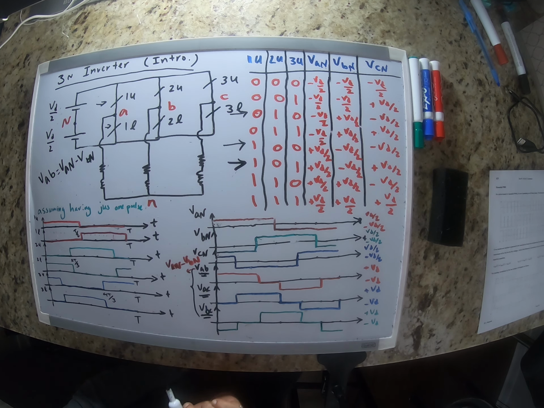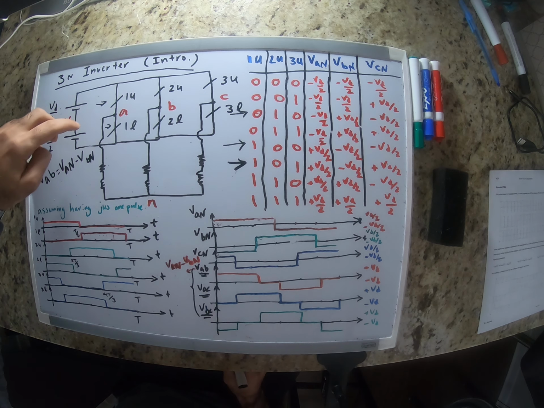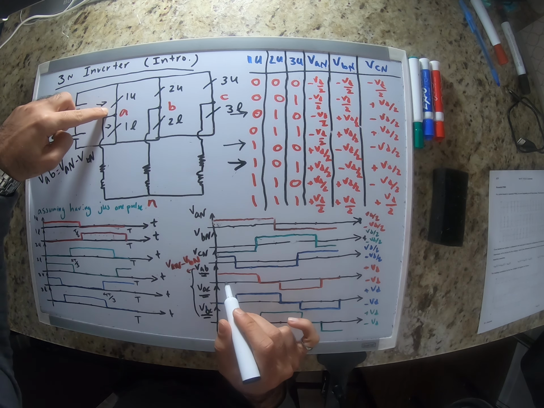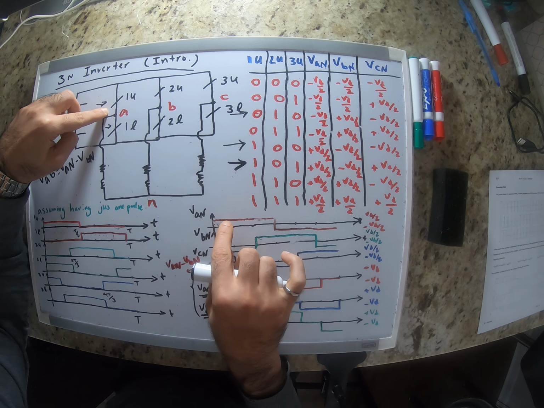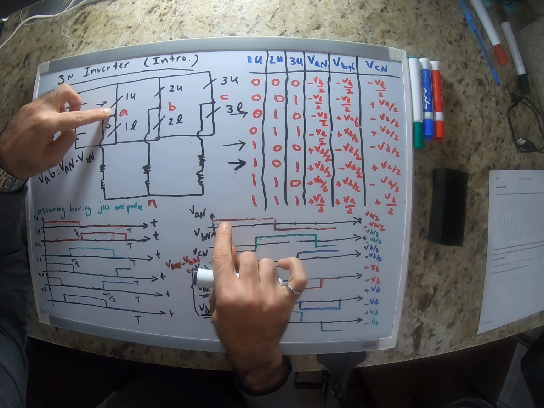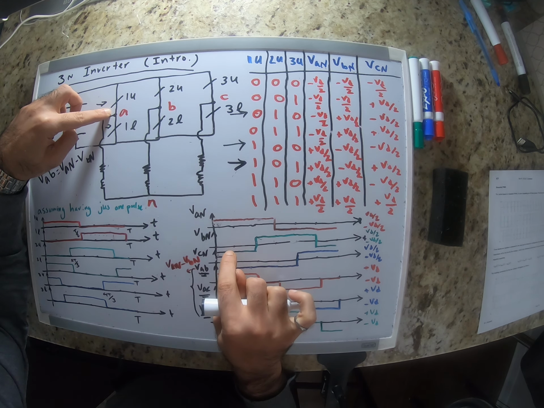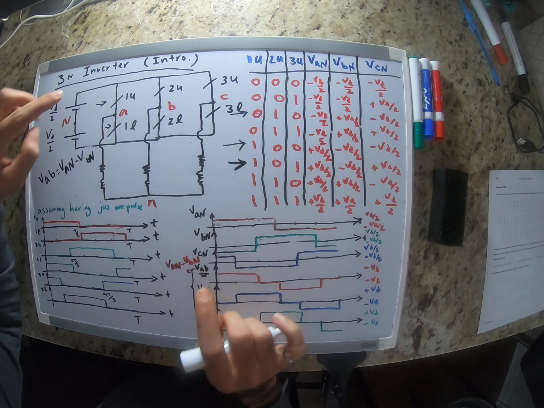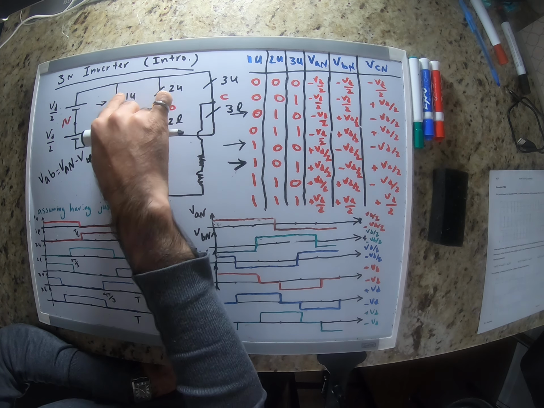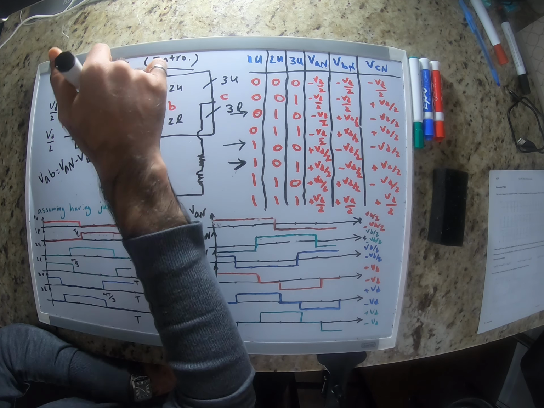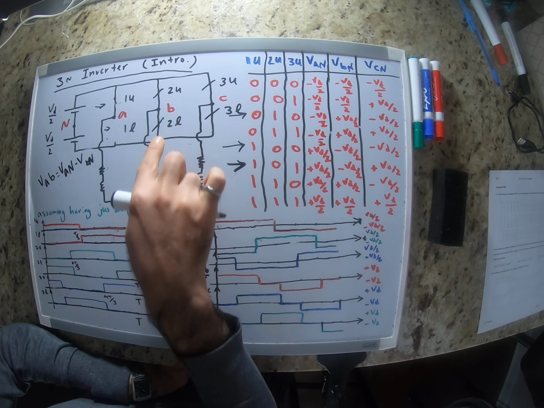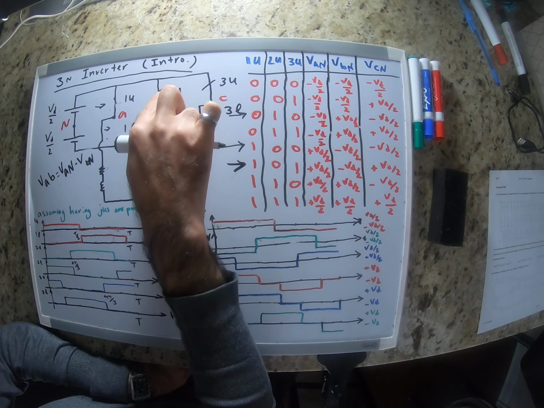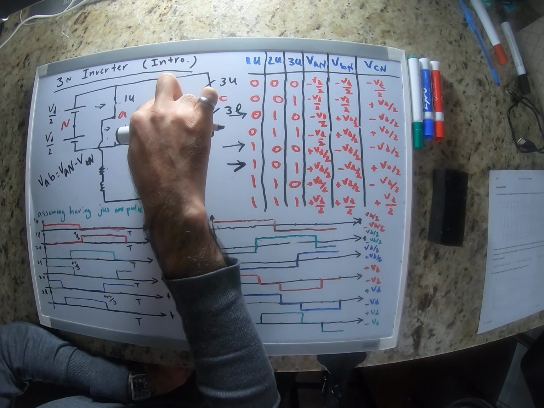So let's now see what happens when we have VD over 2 at VAB. When VAN is VD over 2 and VBN is negative VD over 2, it means that this switch is on, this is off, this switch is on, and this switch is off, right?